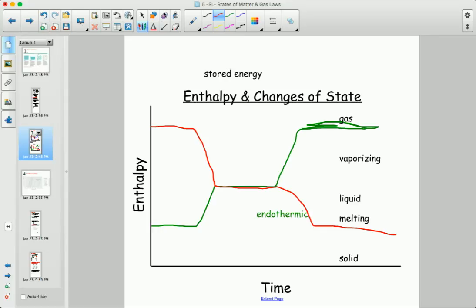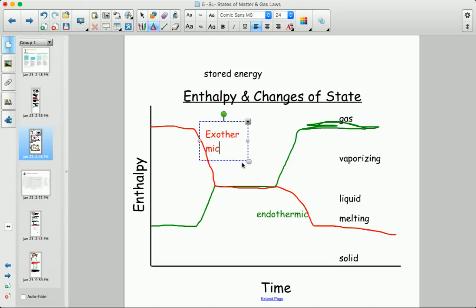So the other phase changes, going in the reverse direction, are the exothermic phase changes. Exothermic would be condensation and freezing, and also deposition. These are terms that get used a lot throughout the course, so I'm going to keep using them. Exothermic is releasing heat energy, and endothermic means absorbing heat energy.